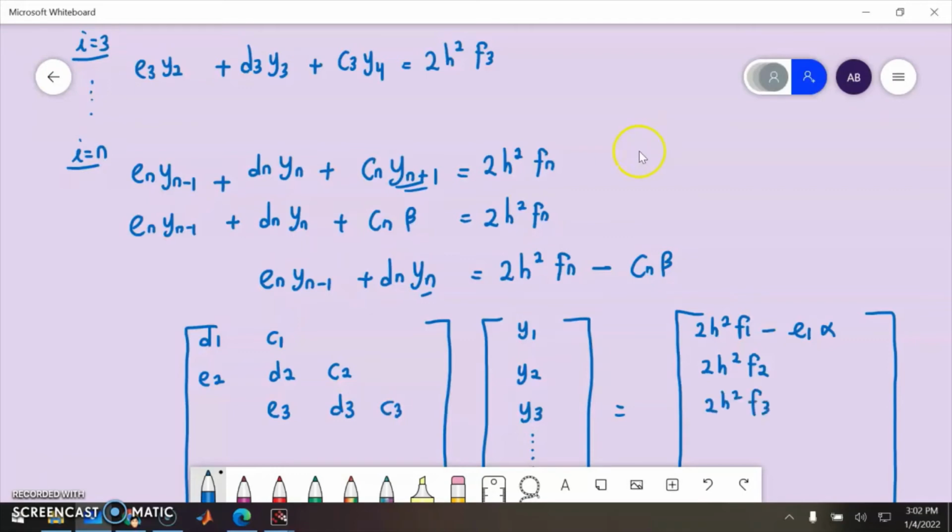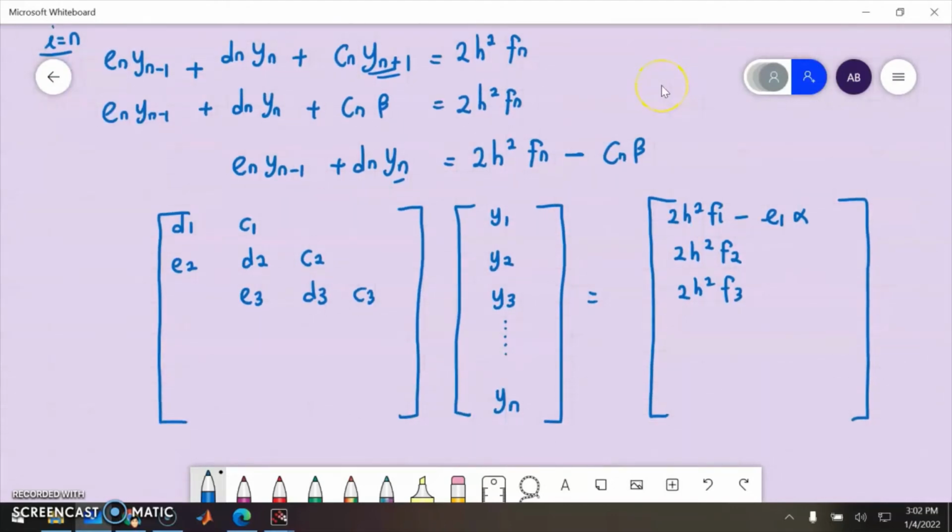You should be able to see the pattern here, and whatever terms, dot, dot, dot. I'm sorry, it shouldn't go like that. It should go diagonal. Up to whatever term here we will have. At the end, we have En, this is Dn.